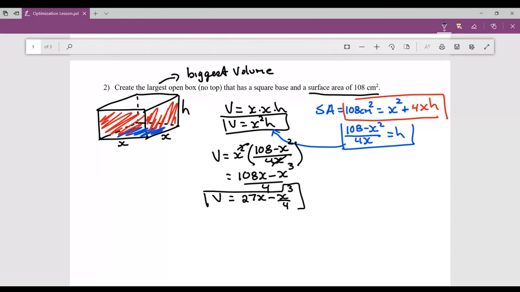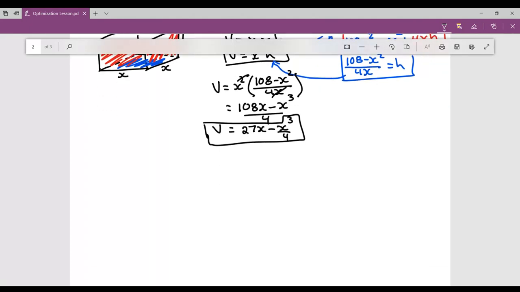That is our formula for volume in terms of x as one variable, which is what we want. Because now, since we want to maximize it, we want to differentiate it, just like we do in everything in this class. So V prime is equal to 27 minus 3x squared over 4.